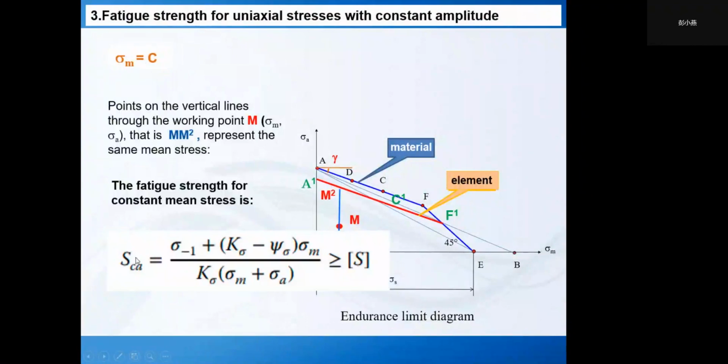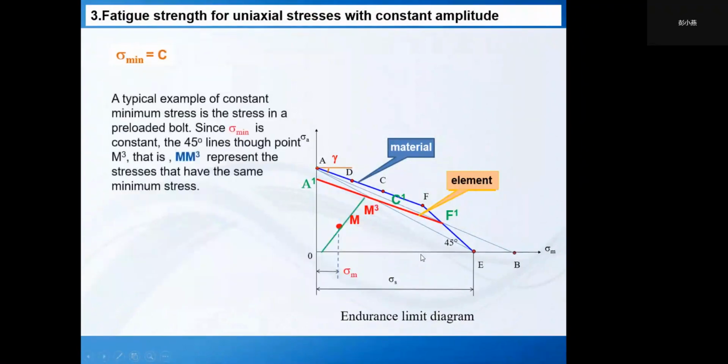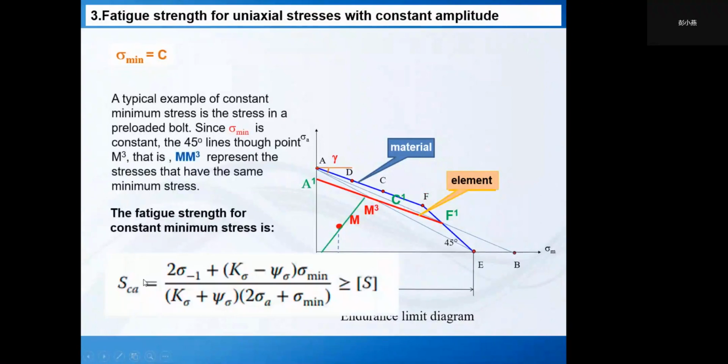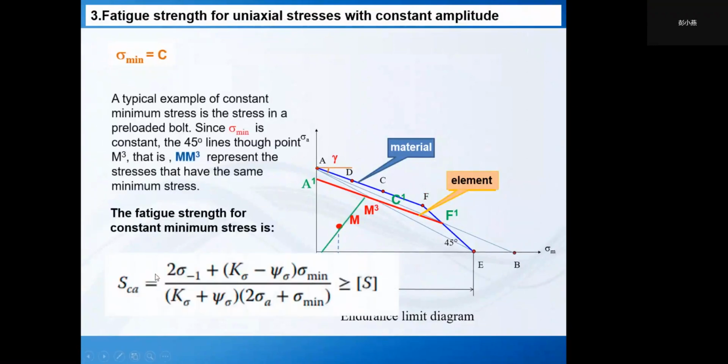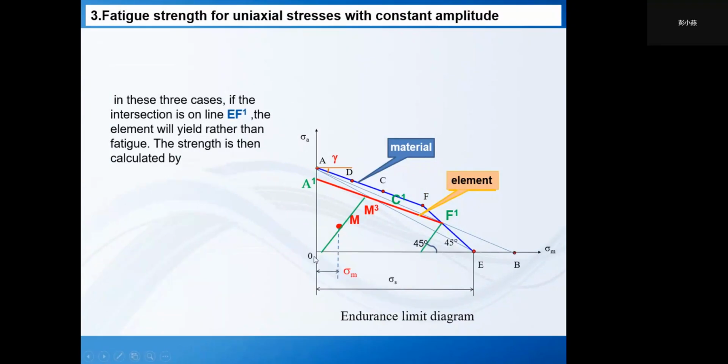We use this to calculate the safety factor, and it should satisfy being larger than the allowable safety factor when you design the element. And this is for when the minimum stress is constant. These three equations are under the condition of an element with infinite life. If it's finite life, you should use sigma -1 n to calculate.